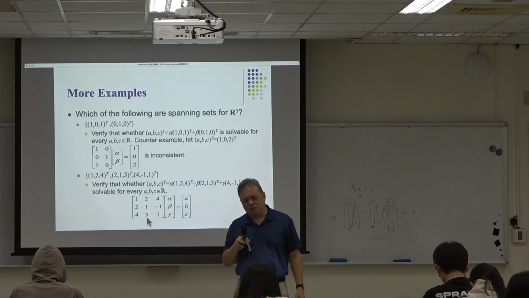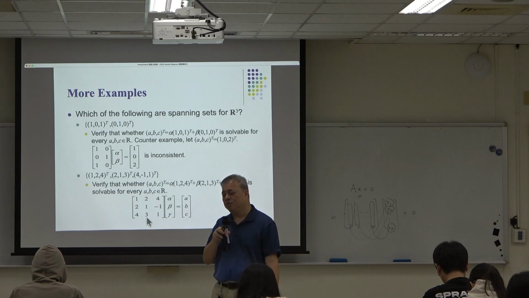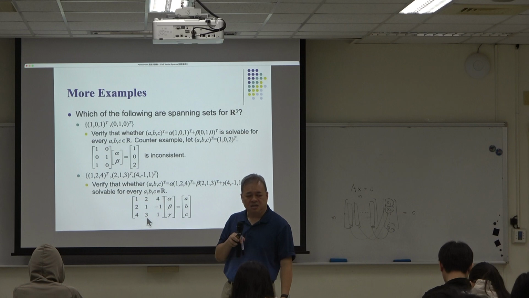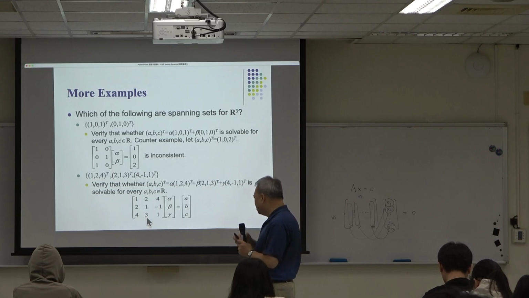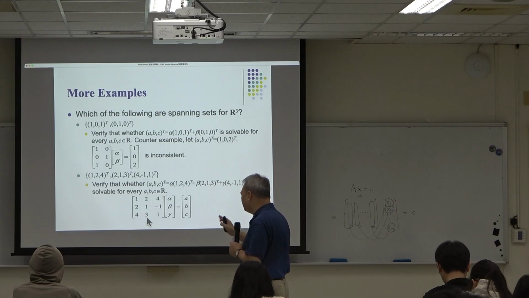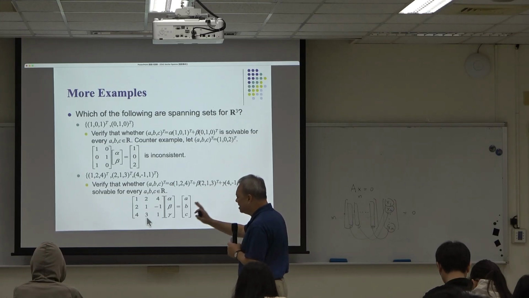From the discussion of the last chapter, we just need to check that the determinant of this matrix is non-zero. If it is non-zero, it has an inverse, and then we can do that computation as I said earlier: multiply both sides from the left with A inverse.